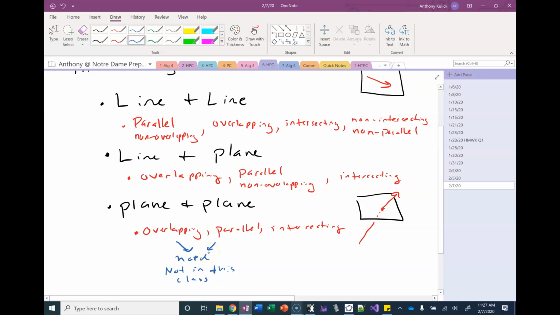But if we look at a situation where we know the planes are intersecting, we can find the intersection. That's within reason that we can do in this class. Keep in mind, what does the intersection of 2 planes look like? That's a line. Yeah. As opposed to these other types where the intersection is just a point.